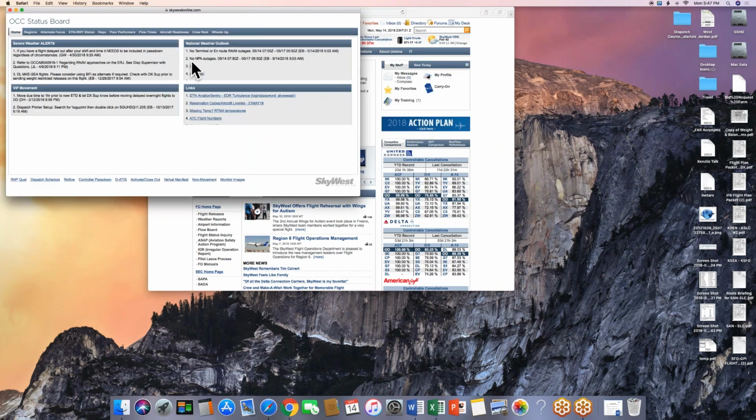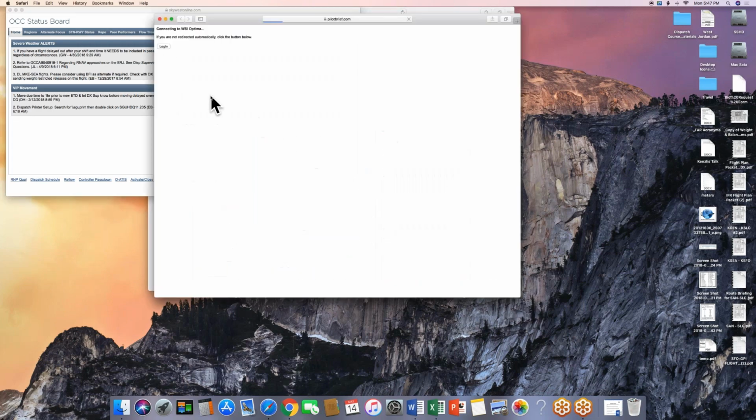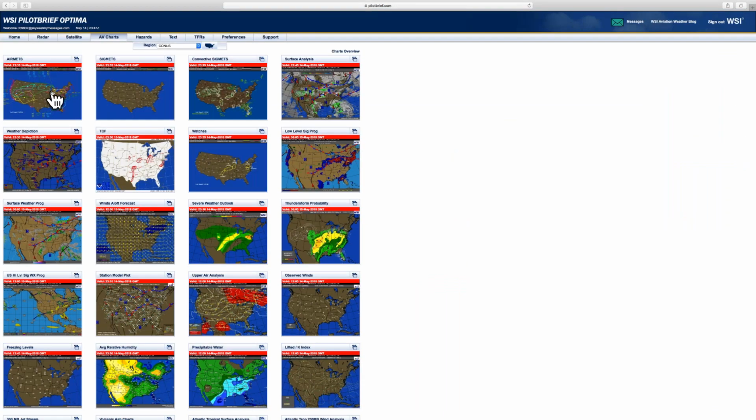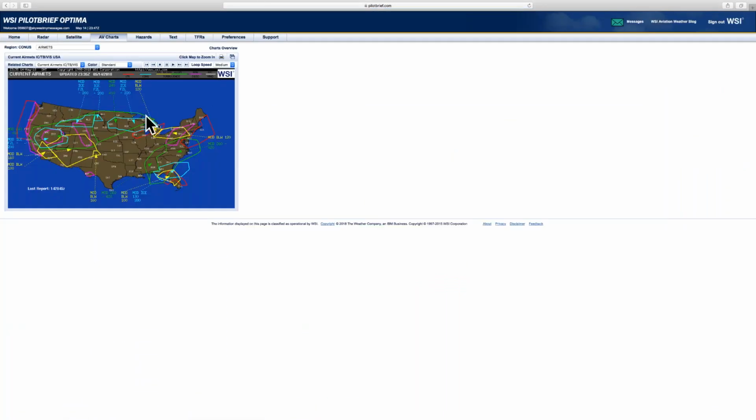There we go. So this will give you a taste of how much no ice can affect your flight. These are icing areas where they're forecast to have icing.